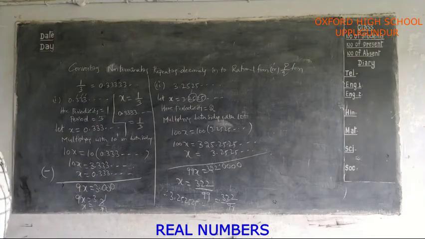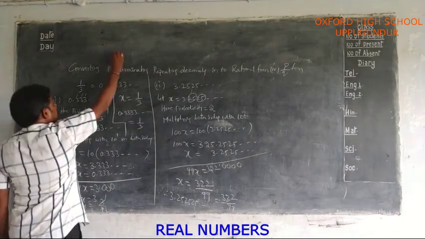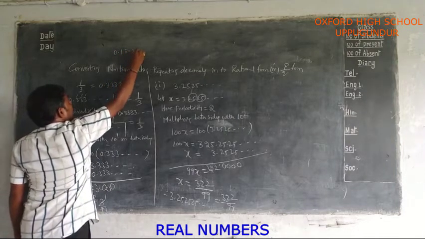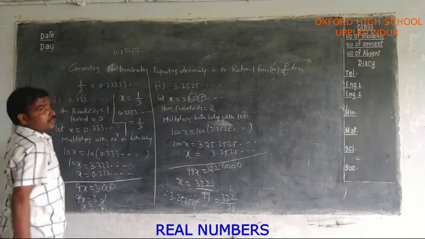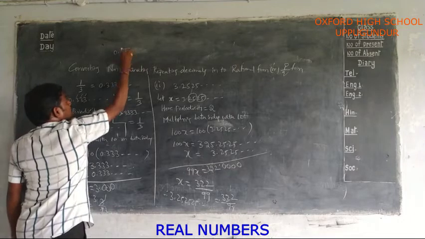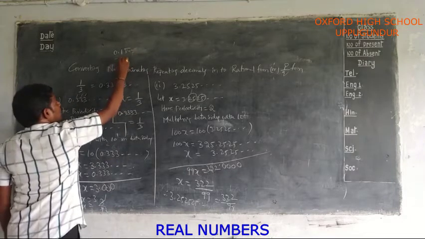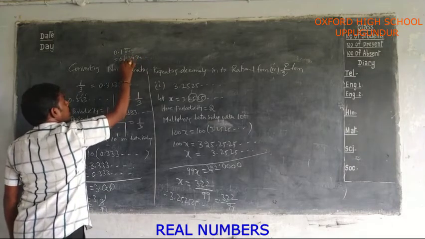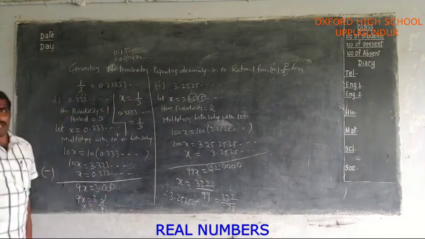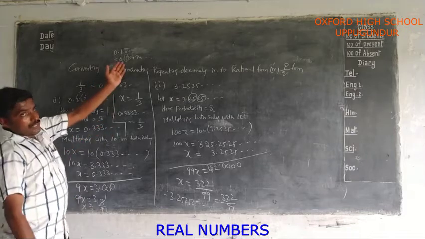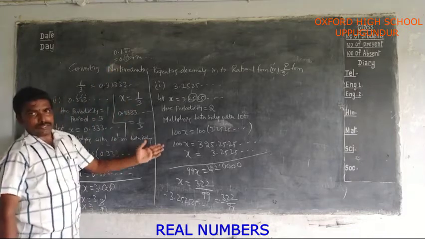Sometimes you may get a number like 0.13434 and so on, written as 1.34 bar. Here 1 after the point is not repeating, 3434 are repeating. We call that type of decimals mixed recurring decimals. That type of decimals also we can do in the same way.